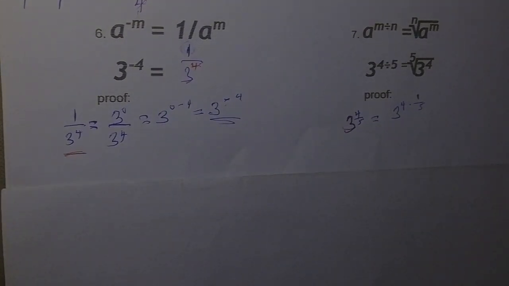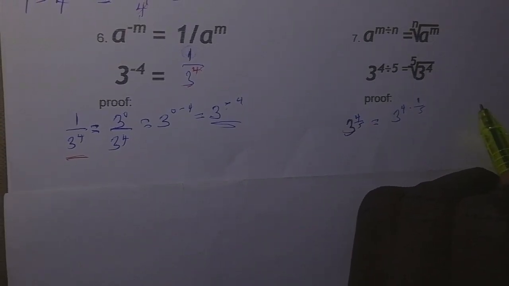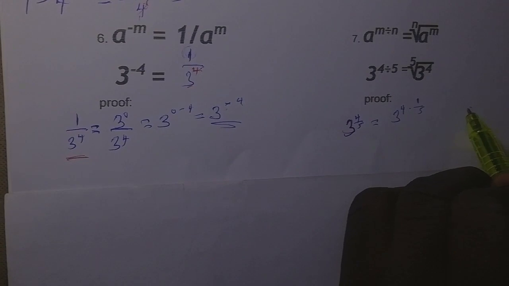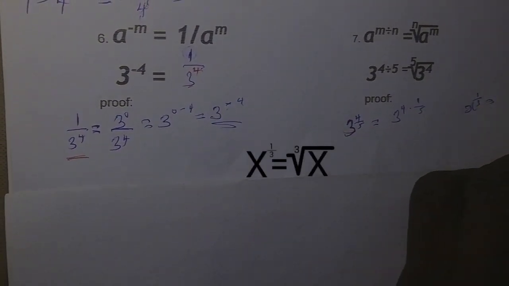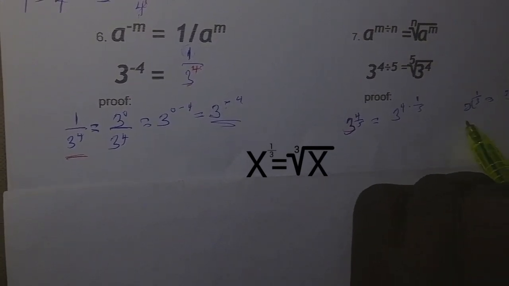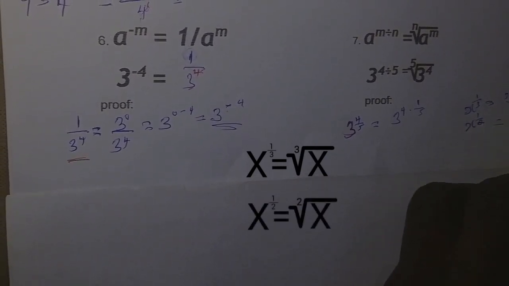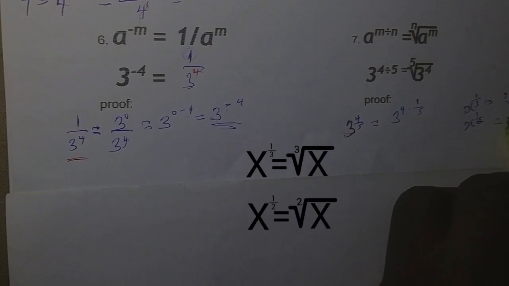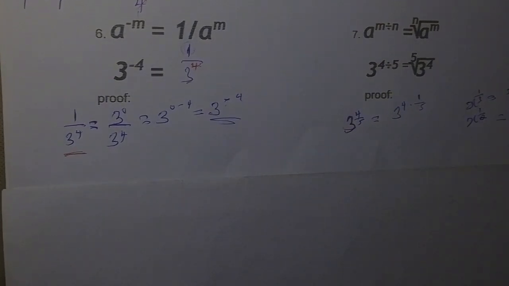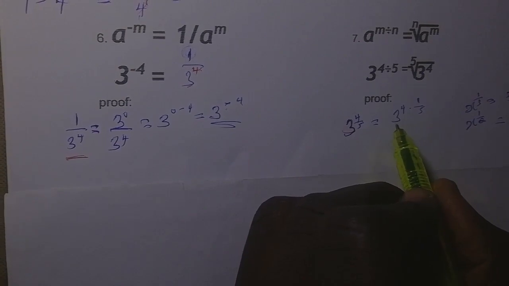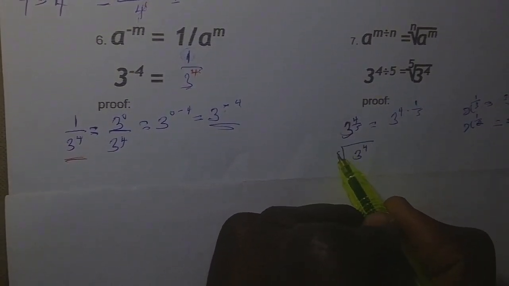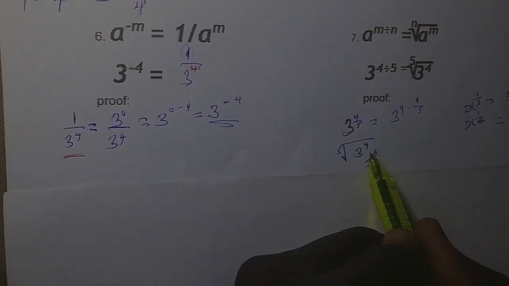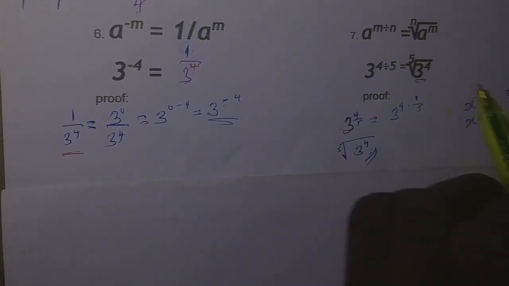So there's a property that says, let me use x power 1 over 3 is nothing but the cube root of x, and x power 1 over 2 is nothing but the square root of x. You can read it as this. So according to this rule, we can rewrite this as 3 power 4 then the fifth root of 3. So here's the proof of how we got to this point.